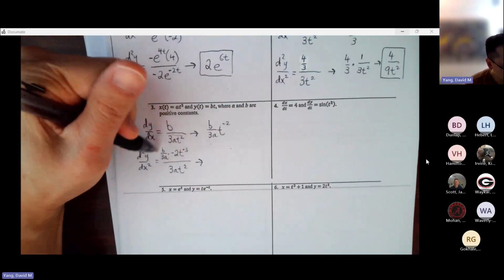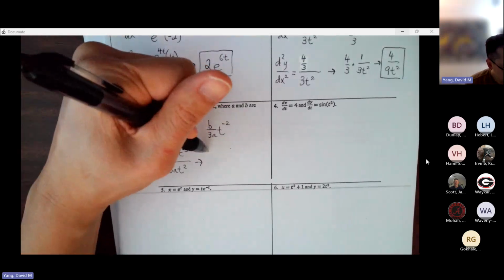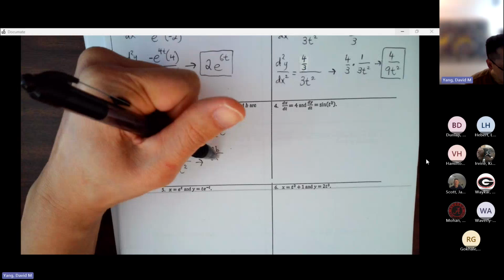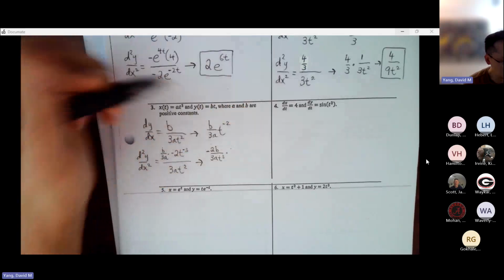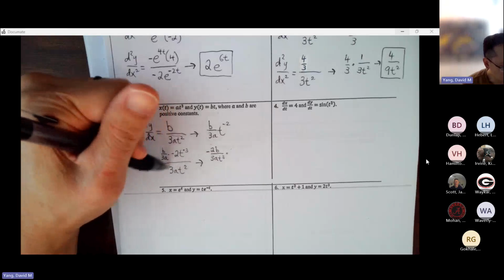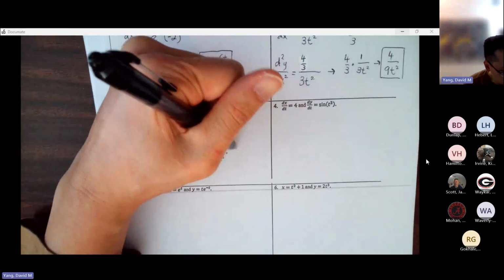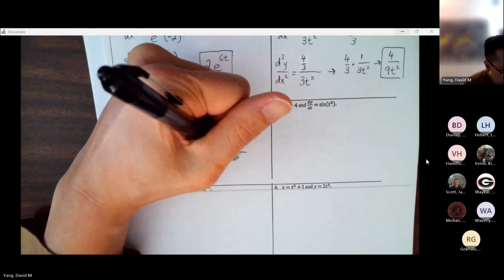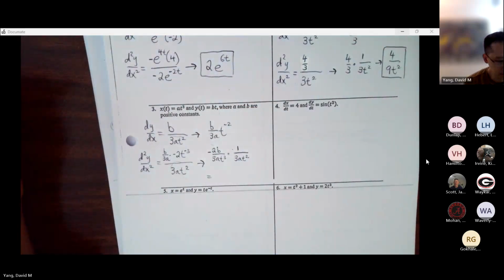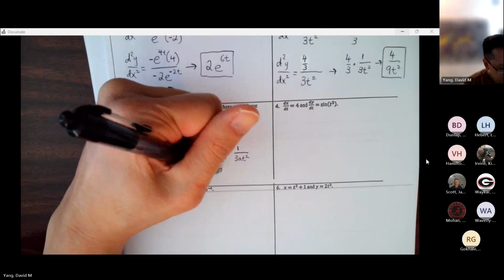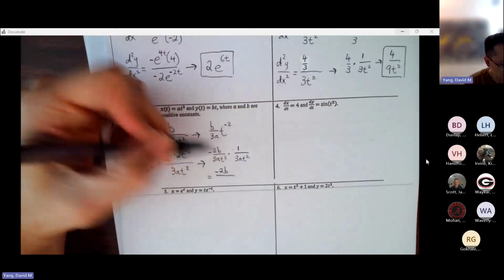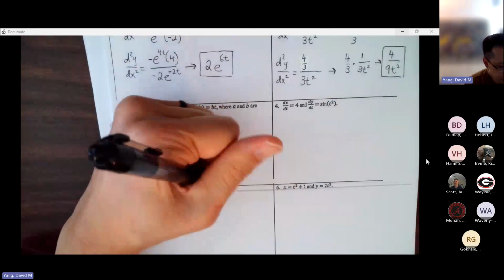Let me do some cleanup here. This I can combine to be negative 2b over 3at cubed times the reciprocal of this, because dividing by this is the same thing as multiplying by the reciprocal. So 9a squared t to the 5th.